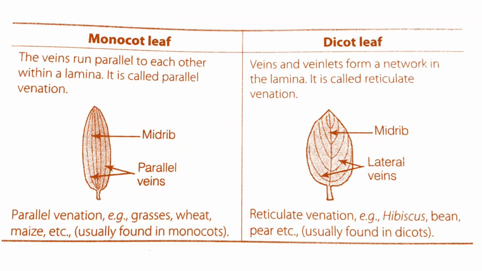On the right, on the dicot leaf, veins and veinlets form a network in the lamina. It is called reticulate venation. Reticulate venation, e.g., hibiscus, bean, pear, etc., is usually found in dicots.